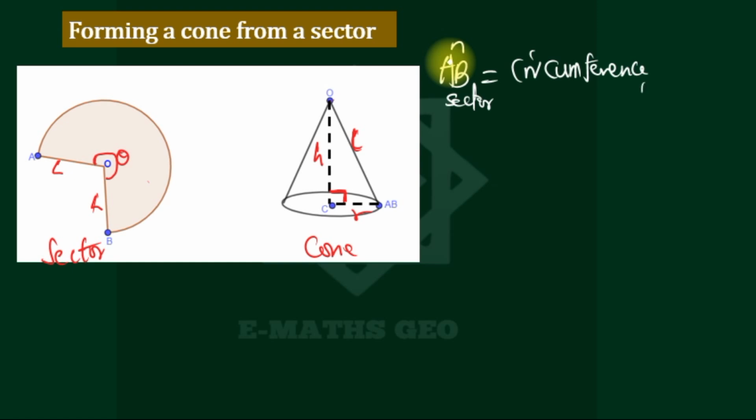By joining this, it would complete a circle, making a circumference.